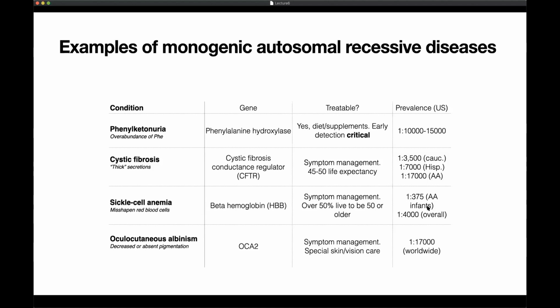This one is much more prevalent among African-American infants, so about 1 in 400 versus 1 in 4,000 overall. You have some other conditions like oculocutaneous albinism, decreased or absent pigmentation in the eye and the skin, so symptom management, special skin and vision care, and so on.